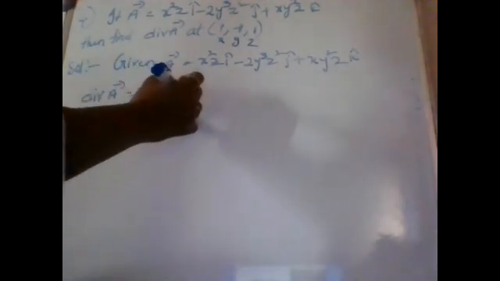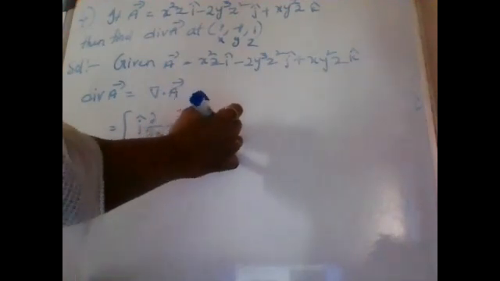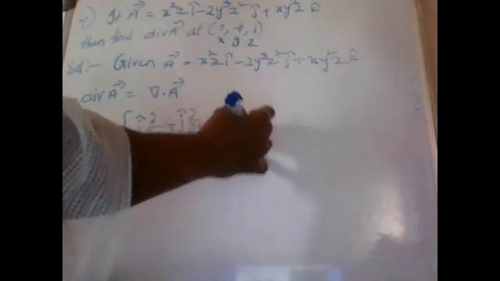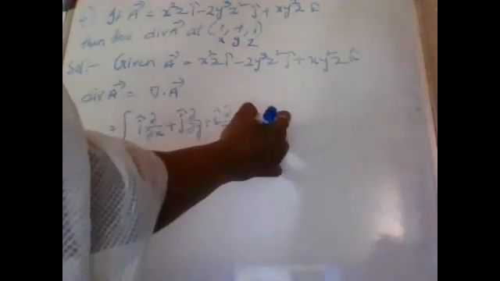Divergence of A bar equals del dot A bar, where del is i ∂/∂x plus j ∂/∂y plus k ∂/∂z. For the differentiation, i dot i equals 1, j dot j equals 1 and k dot k equals 1.